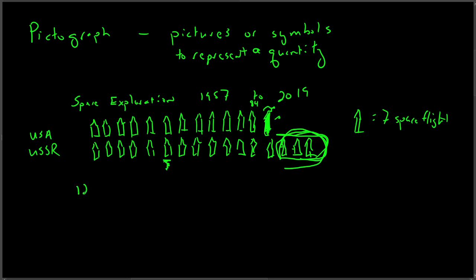So we could say that 12 and a half times 7, and that's approximately, well, I guess we could do that as 12.5 times 7, and that's 5, carry my 3, 7, carry my 1, 87.5. So, since we know we have less, we'll round down to approximately 87 space flights. So notice we rounded down because we know we have less.